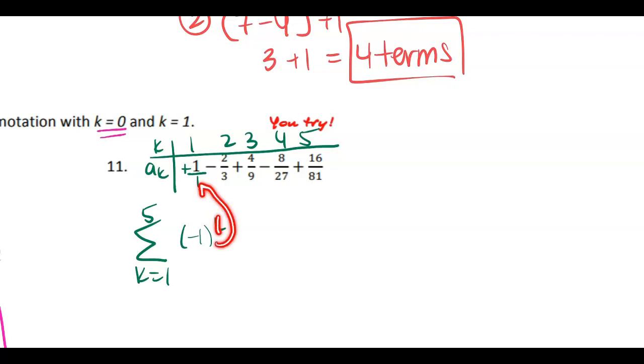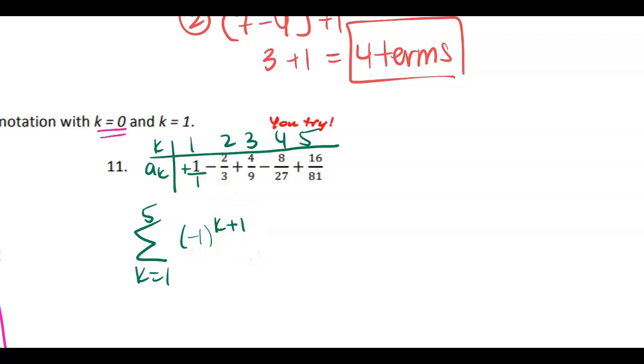Negative is not going to give me a positive. So I'm going to have to either add or subtract for each of the k values. I'm not going to put both like I did on the last question. I'm just going to put, we'll say +1 for this one. And you could put -1 if you want to, because either way, it'll give you the same answer. And if you want to double check, 1 + 1 will give you 2. -1 squared is positive. So yes, this will work.